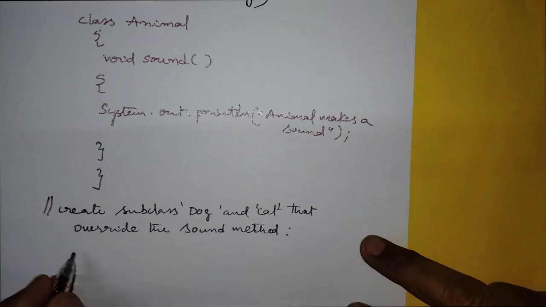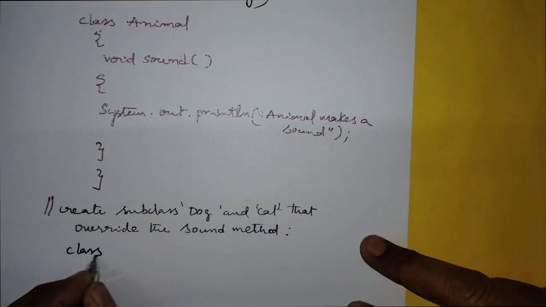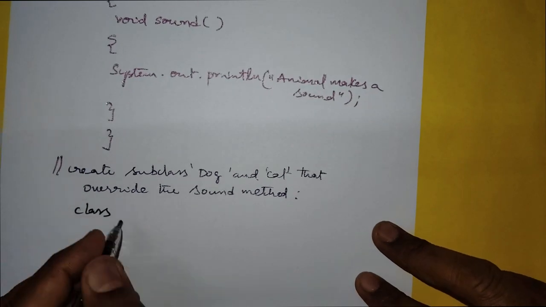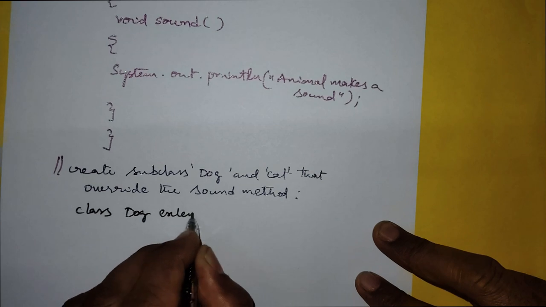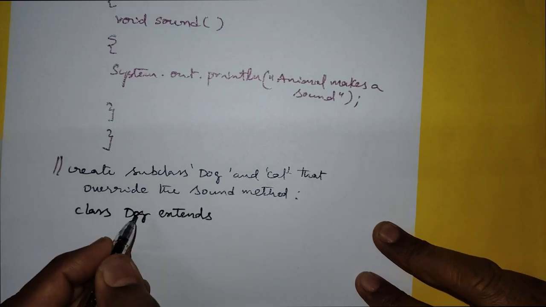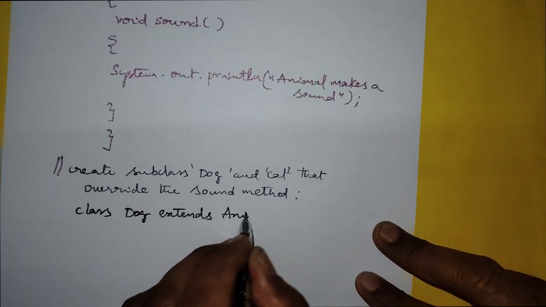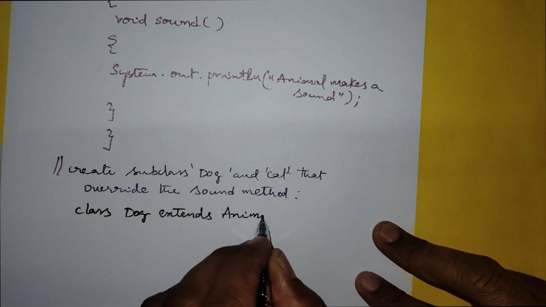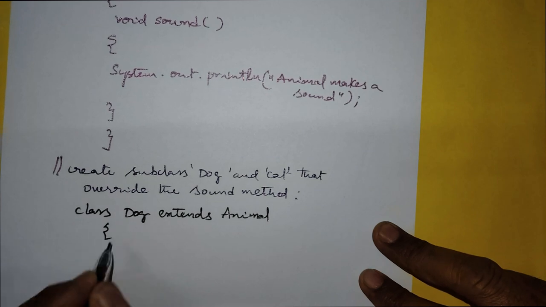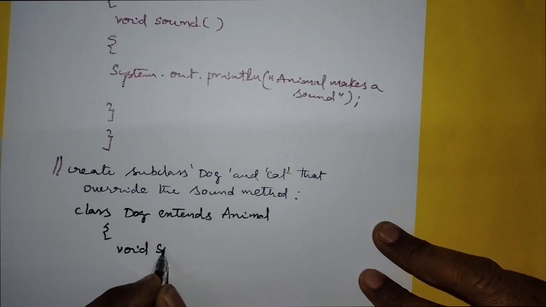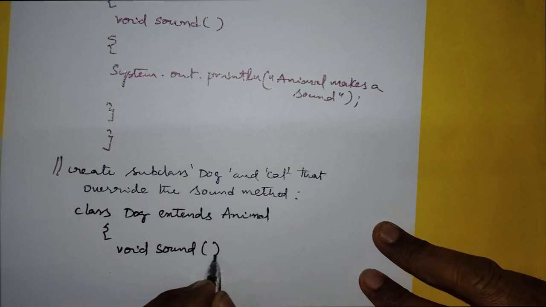Class Dog extends, which class here? Superclass. Dog is the subclass, Animal is the superclass. Curly brace opens. Now it begins, void sound, a lowercase letter, the void sound method. Again open it.